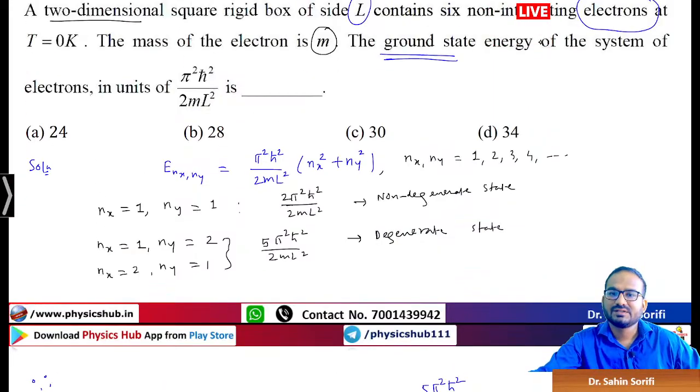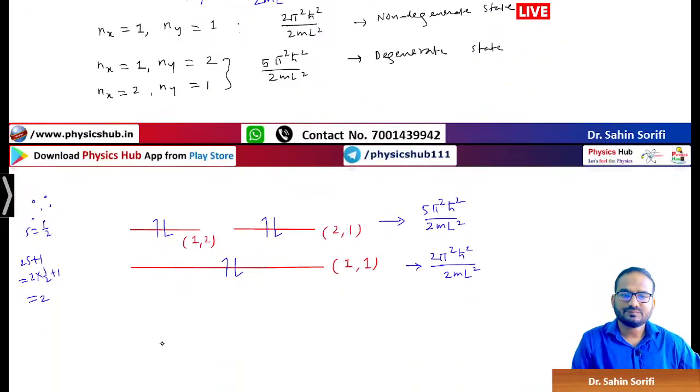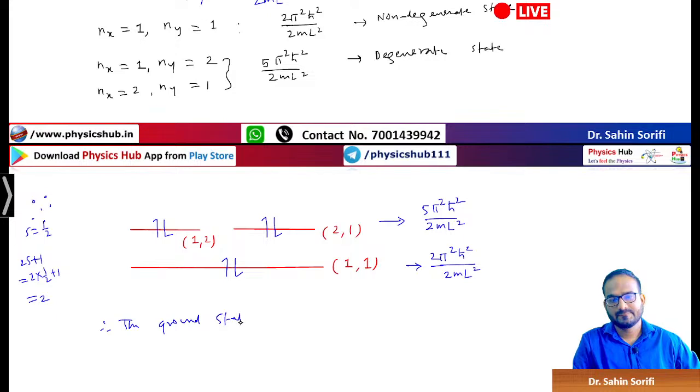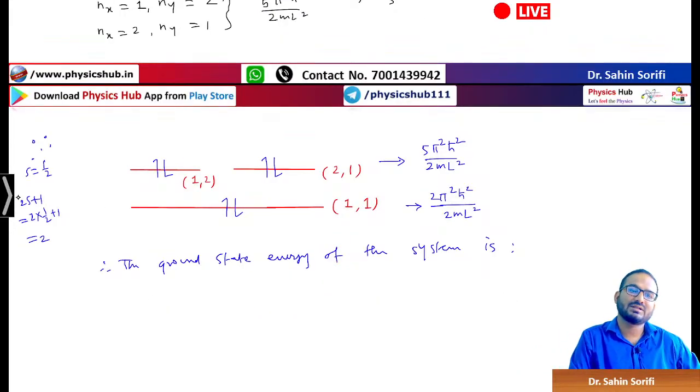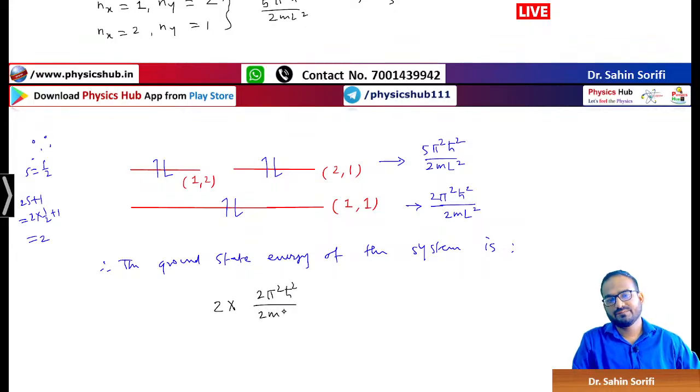So the ground state energy of the system, you have to add all these energies. 2 electrons in this energy level, so 2 times 2 pi square h cut square by 2m L square, plus for these 2 it is 5 pi square h cut square by twice m L square.